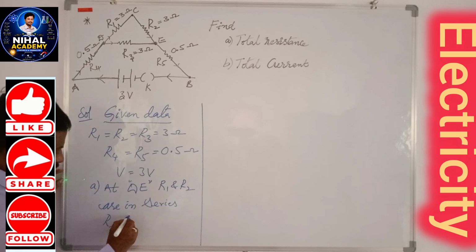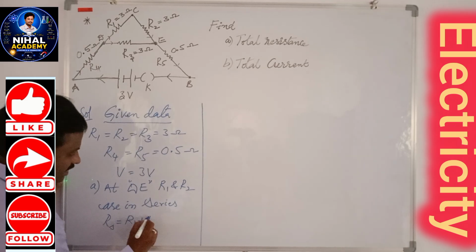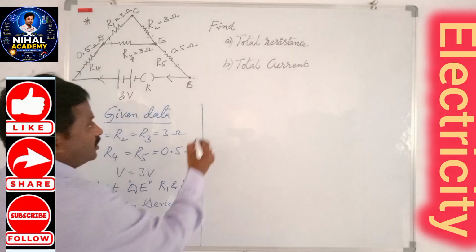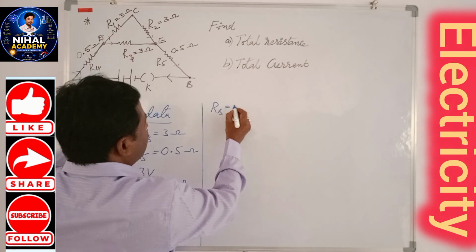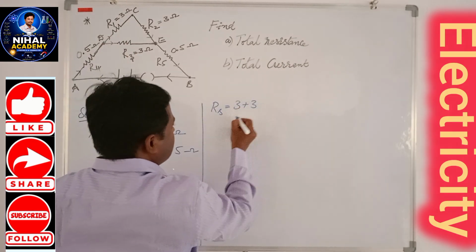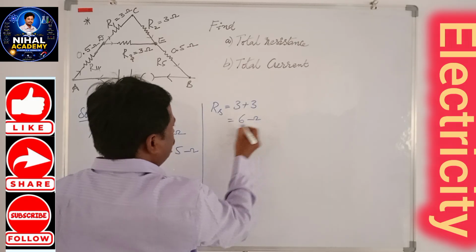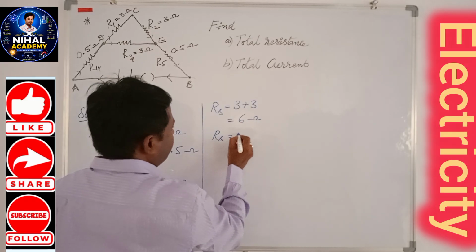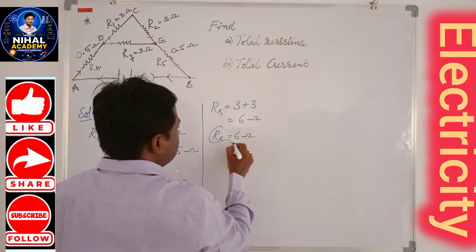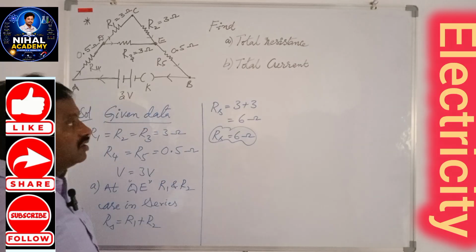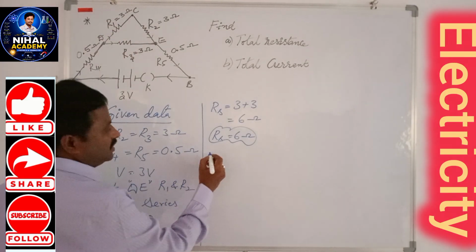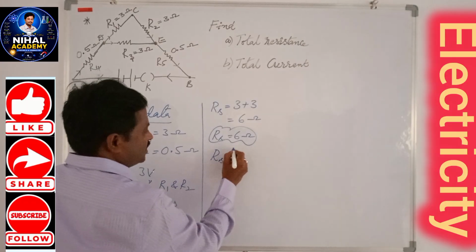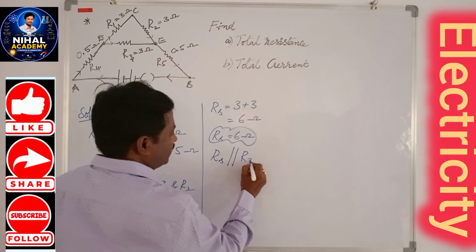Rs is equal to R1 plus R2. Therefore Rs is equal to, R1 and R2 are equal to 3, so 3 plus 3 is equal to 6 ohm. So Rs is equal to 6 ohm. Now this Rs is parallel to R3.